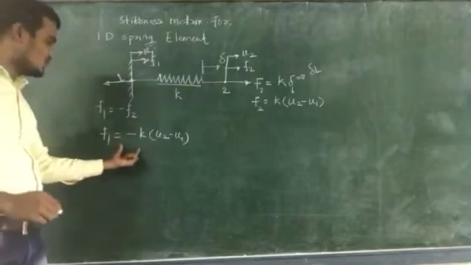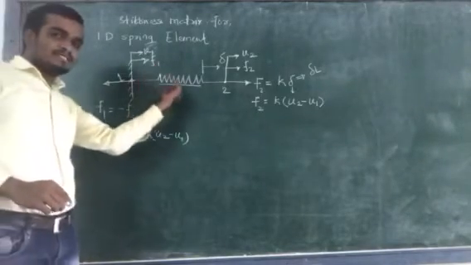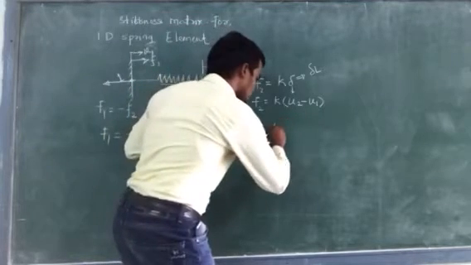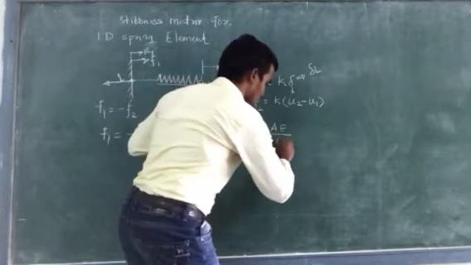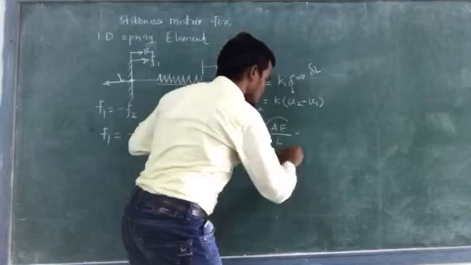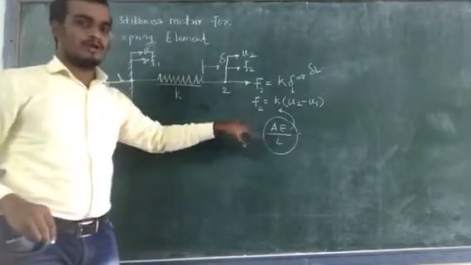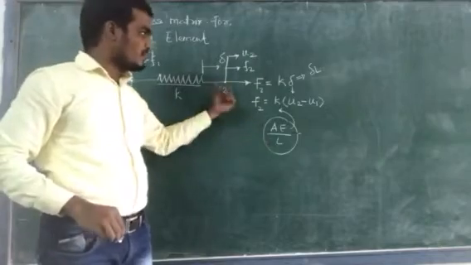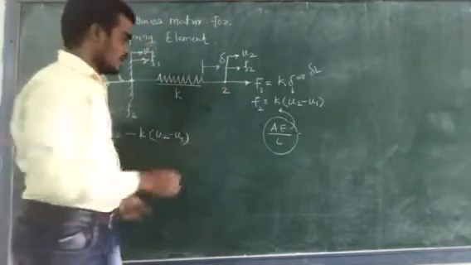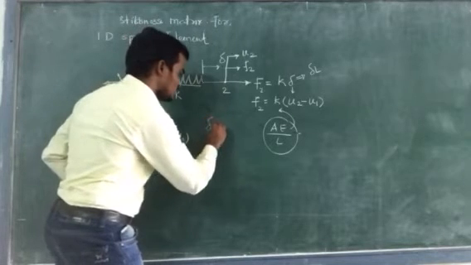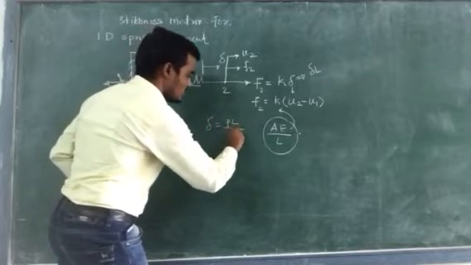In the previous derivation, instead of K we wrote A by L, which we derived using the deflection formula. During the bar element derivation, we knew that delta is equal to PL upon A.